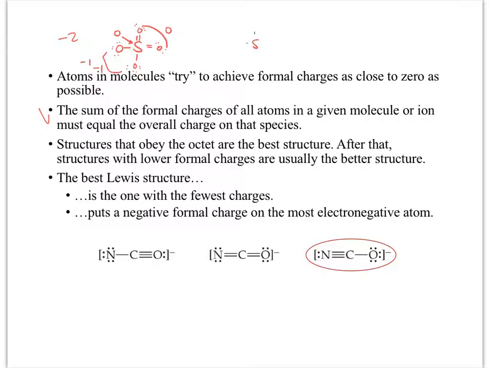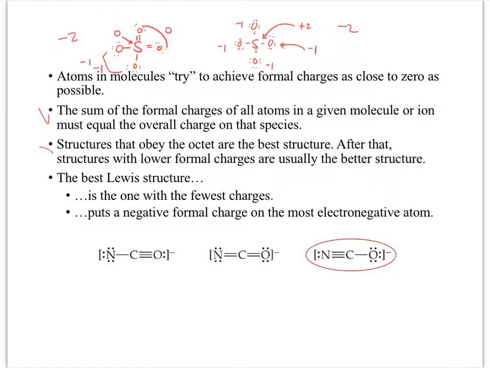And the same thing would occur in the option that I did pick. Because the sulfur in the center, 6 minus 4 minus 0, gave me a +2. And each of these oxygens, 6 minus 1 minus 6, gave me a -1, -1, -1, -1. So all of those formal charges also added up to -2.